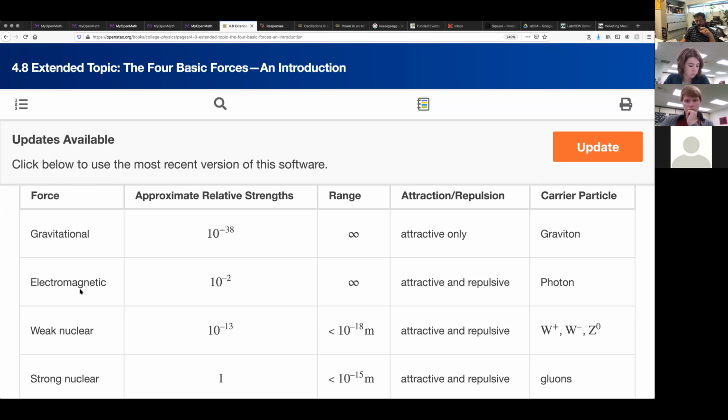Because anything to do with chemistry, anything to do with touching forces, these things are all electromagnetic. So this is actually the one that we're most familiar with, even though we don't know it, because we are touching things all the time. We're pushing things, grabbing things, pouring things, drinking things, eating things, whatever. All that is electromagnetic. So this is the one we're most familiar with. We just didn't know it yet.